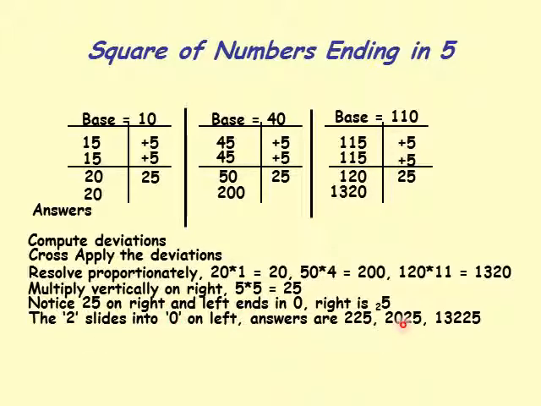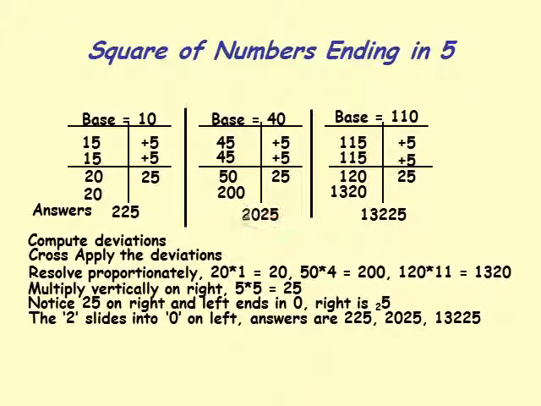The answers are 225, 2025, and 13225. So we have 25 on the right every time. On the left, this 2 is equal to 1 times 2, this 20 is equal to 4 times 5, and this 132 is 11 times 12.